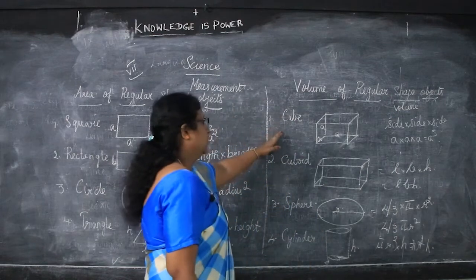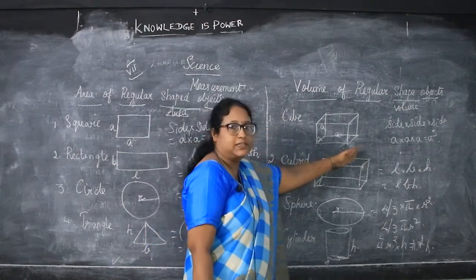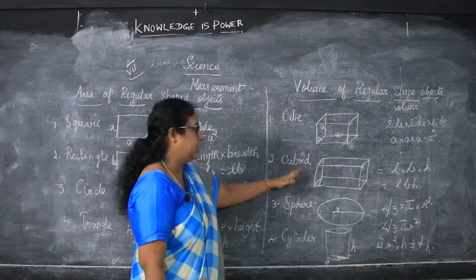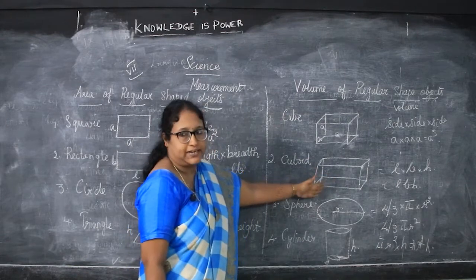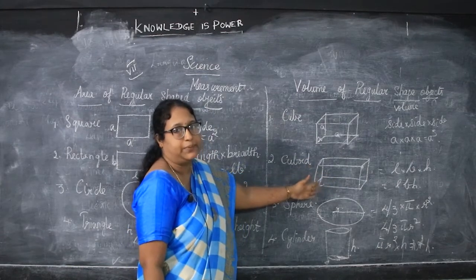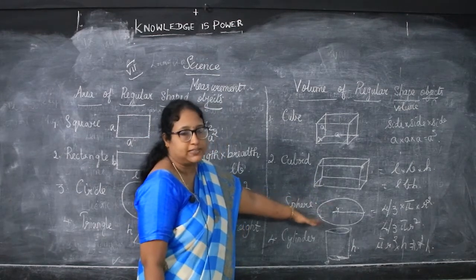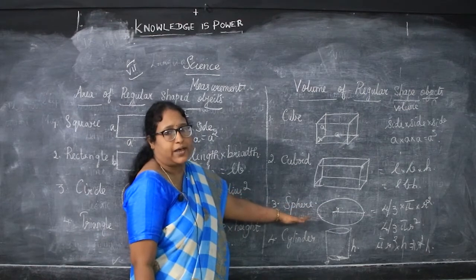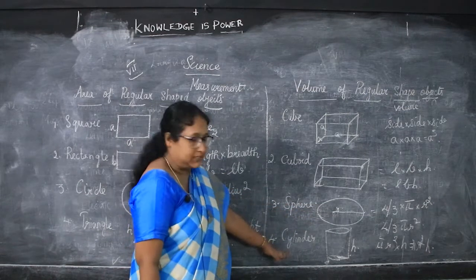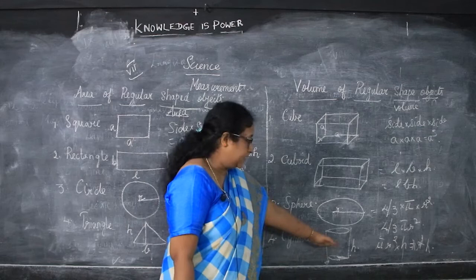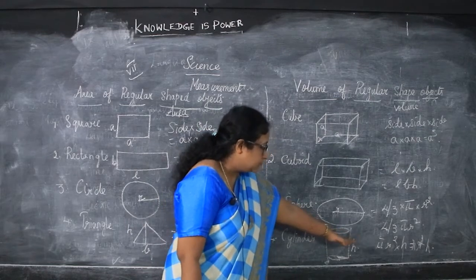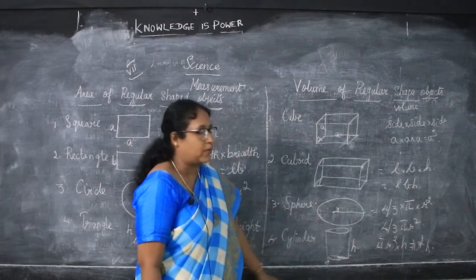So once again, cube, that is side into side into side, a cube. Then cuboid, L into B into H, that is length into breadth into height, LBH. Then sphere, that is 4 by 3 pi r cubed. Then cylinder, that is radius and height, pi r squared into h, that is pi r squared h.